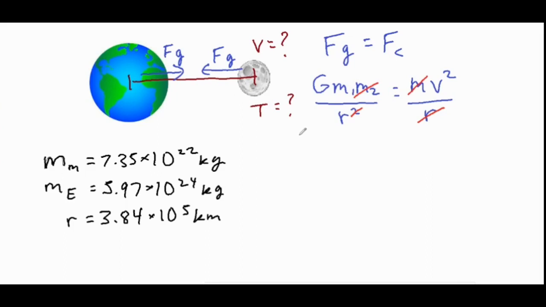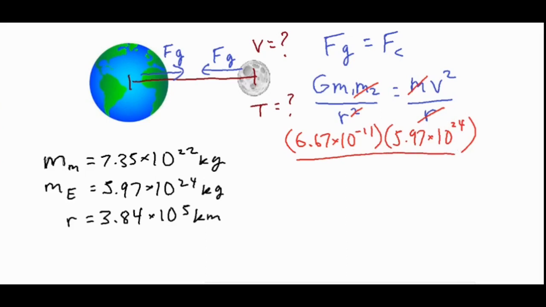It gets canceled out. So we have our gravitation constant, which is 6.67 times 10 to the negative 11th times the mass of the Earth, and then divided by the radius, and the radius is 3.84 times 10 to the 5th kilometers.